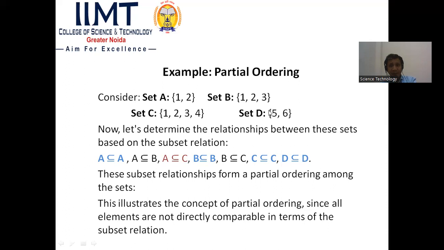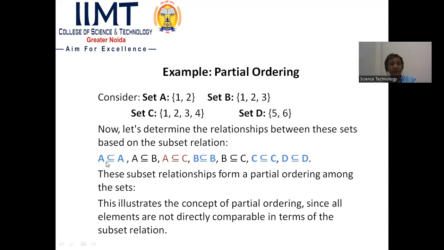But these two sets, or the first sets A, B, C, are not related to set D. So, if we consider the relationship of is a subset of, then we get the following relationships: A is a subset of A, A is a subset of B, A is a subset of C, B is a subset of B, B is a subset of C, C is a subset of C, and D is a subset of D.